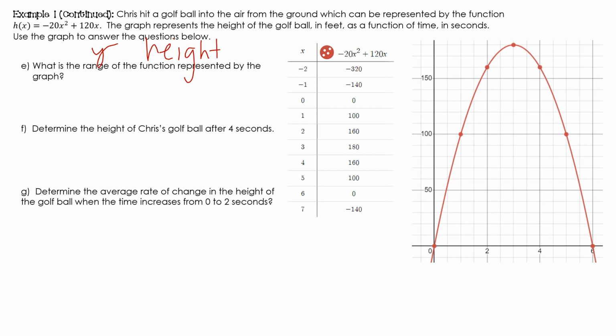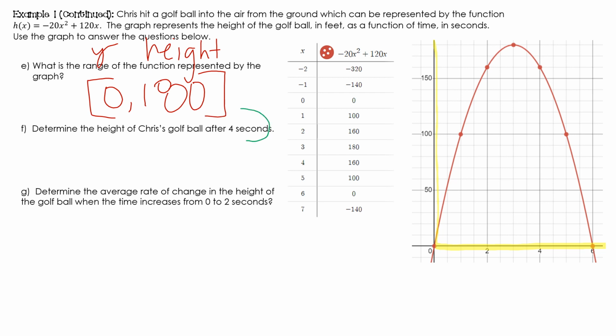If Chris is hitting the golf ball in the air and then it's hitting the ground, everything is living in this first quadrant. So the lowest height that the golf ball ever was would be 0 feet in the air. So 0. And then the highest that the golf ball got to was 180. So the range would be 0 up to 180.